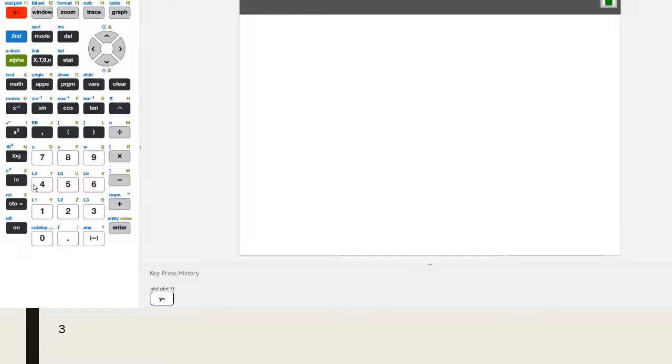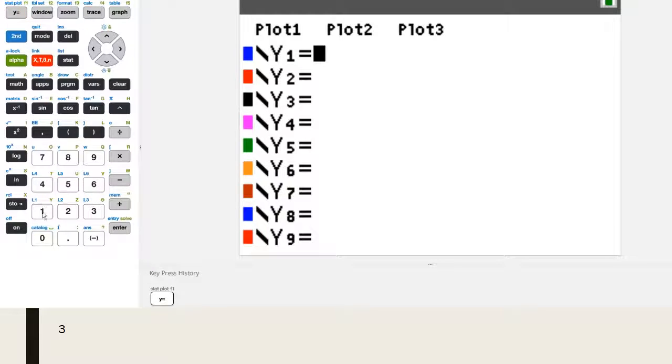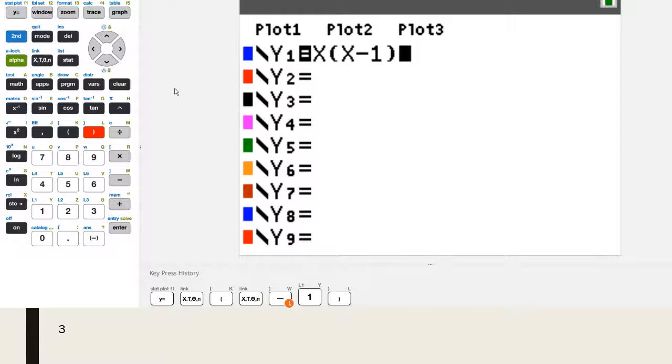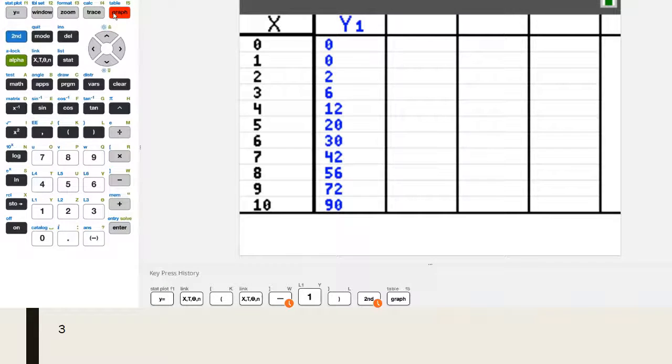So I'm going to have y equals x times x minus 1, and then I know that the solution has to be 0, so I'm going to look at the table and I need to find the answers for x when y is equal to 0.